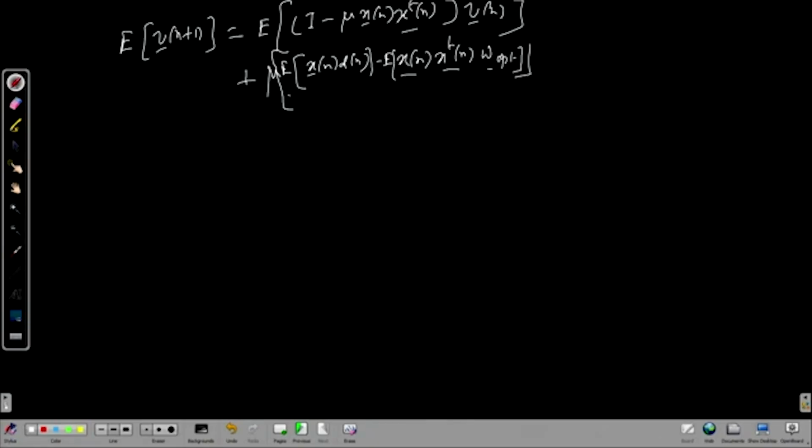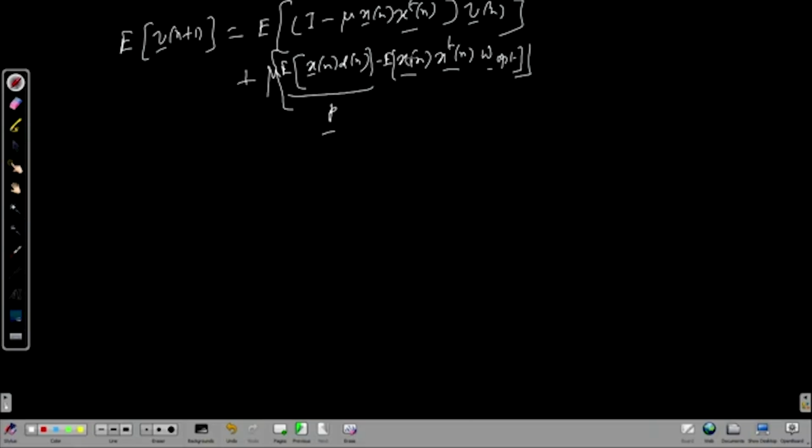E on this much is p, by definition the cross correlation vector between the xn vector and dn. And here, xn x transpose n is a matrix with random elements times w of constant. So, you can as well apply E on this matrix first and then multiply by w of, you will get the same thing. Okay, that I have done earlier.